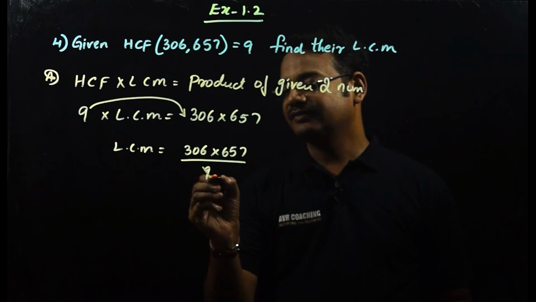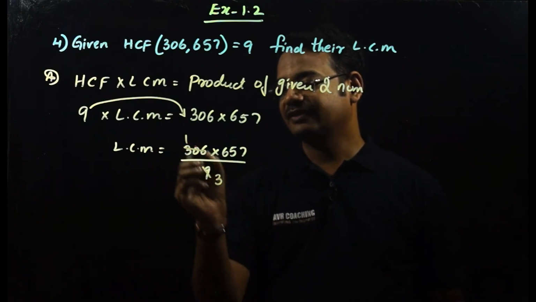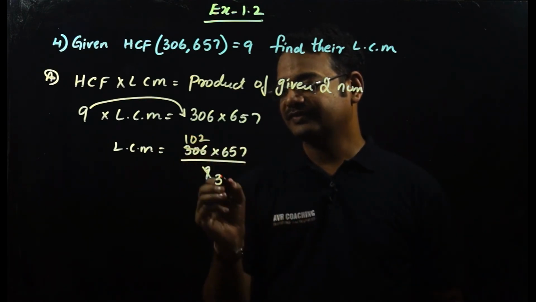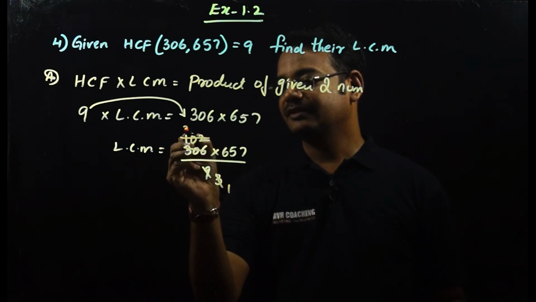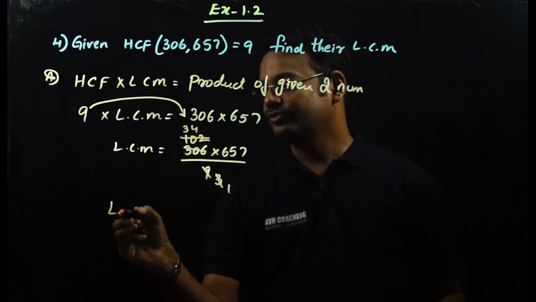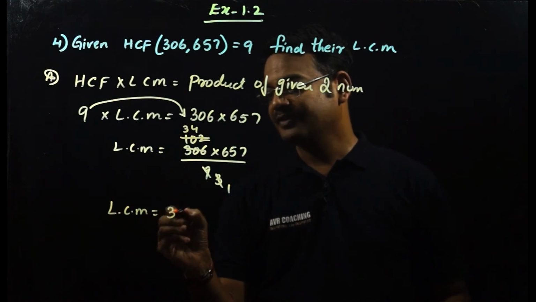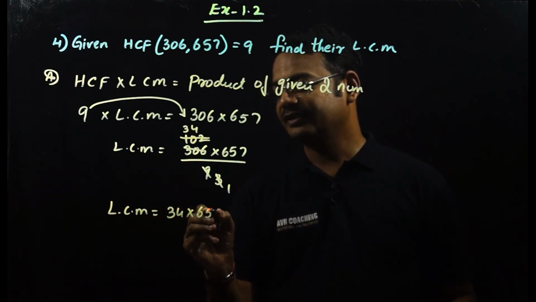If we cancel this, 3 nines are 9, 306 divided by 9 is 34. So the LCM will be 34 into 657.